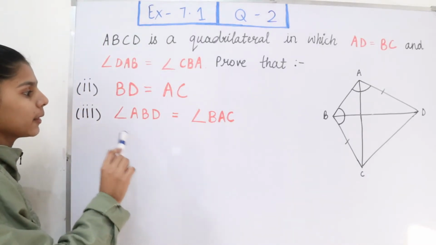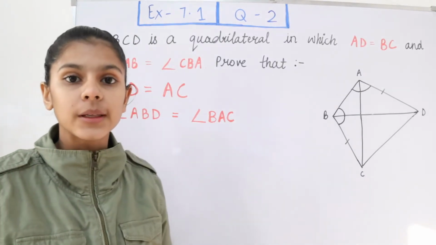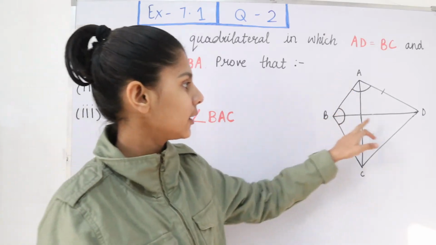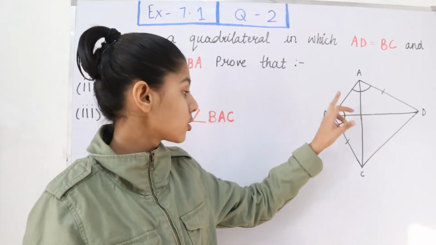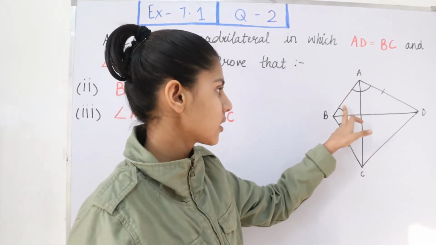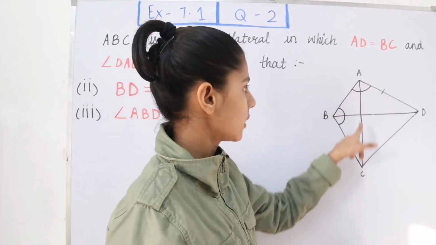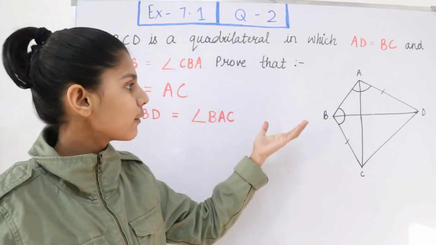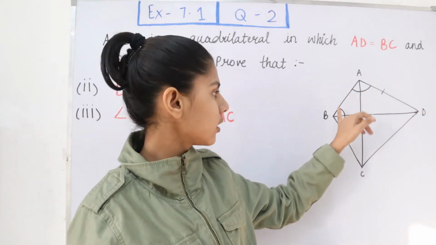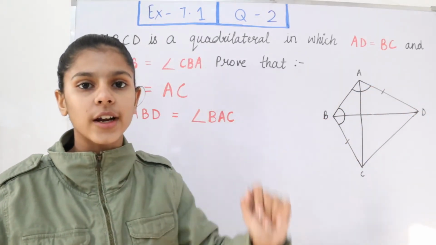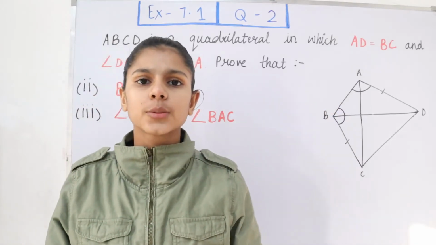The third part is angle ABD is equal to angle BAC. Angle ABD, this angle, is equal to angle BAC, this angle. We have just proved these triangles congruent, so these angles are also parts of both these triangles.